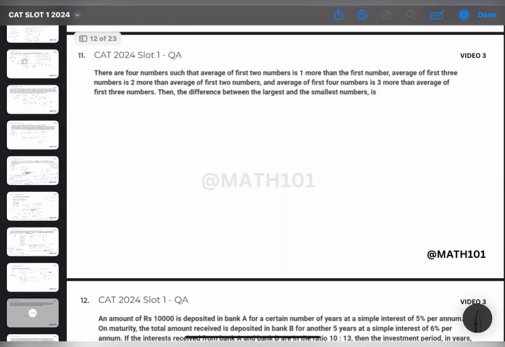There are 4 numbers such that the average of the first two numbers is 1 more than the first number. So let the numbers be a, b, c, d. Then (a plus b) by 2 is equal to a plus 1. The average of the first 3 numbers is 2 more than the average of the first 2 numbers. The average of the first 2 numbers is (a plus b) by 2, which is equal to a plus 1.